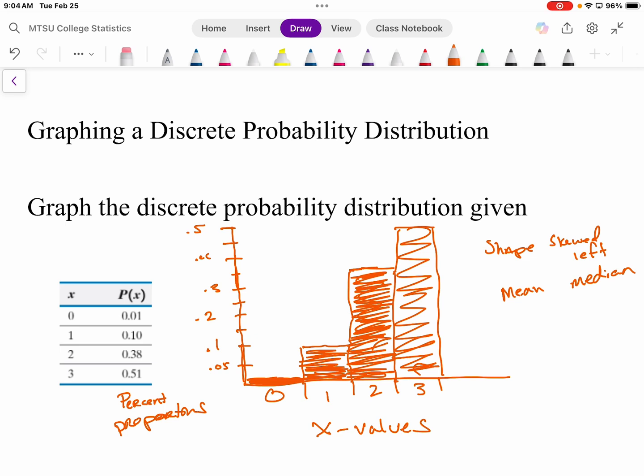Median. Why? Because the mean is near the... Oh wait, no. The mean is bigger. Right? Well, if all the data is to the right, so there's more data there, but okay, well, let's think about this one. We know the median always indicates what? 50% of the data is to the left and to the right.